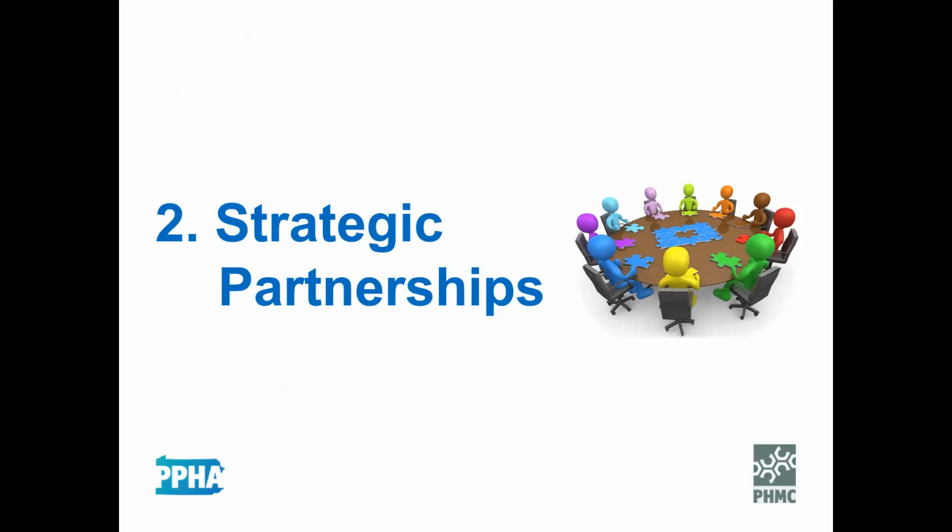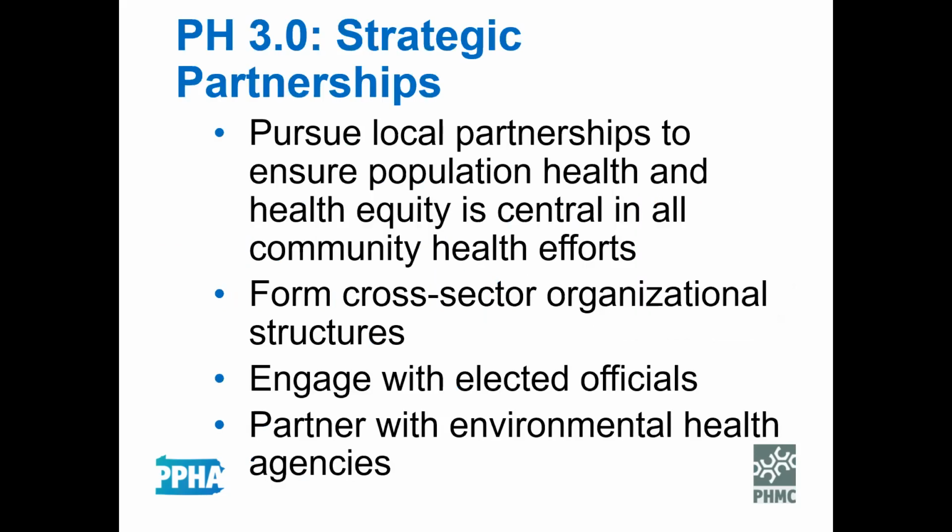The second Public Health 3.0 recommendation focuses on the need to maintain innovative and sustained partnerships. Effective partnerships have a shared vision, which allows agreements on long-term roadmaps for creating health equity and resilience in communities. So you can see the themes here: partnerships, collaboration, shared responsibility, health equity.